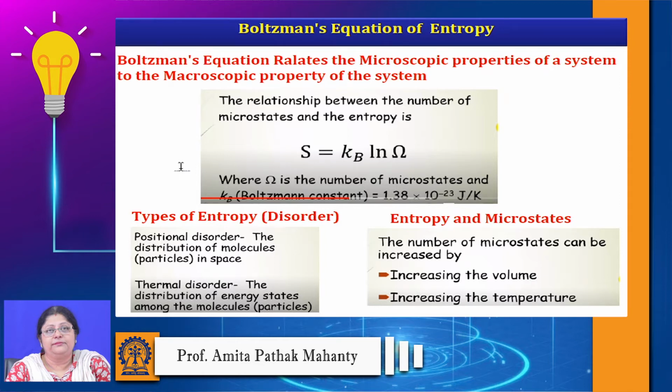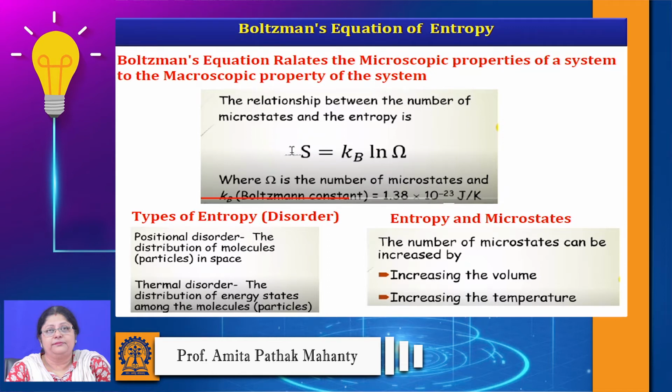So the entropy is the macroscopic property, and it relates that to a microscopic property, omega. This omega is the number of microstates a system can have, and entropy is proportional to the ln of the number of microstates, and the proportionality constant is nothing but the Boltzmann constant, 1.38 into 10 to the power minus 23 joules per Kelvin.